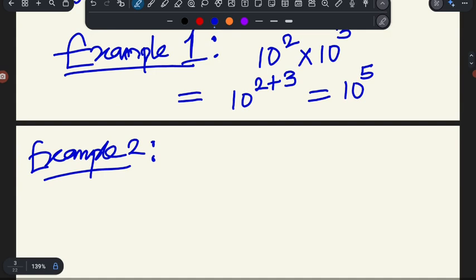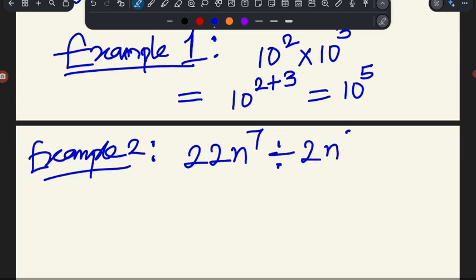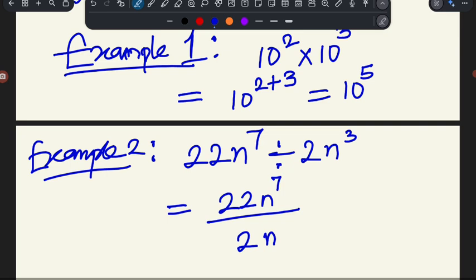We have 22n raised to power 7 divided by 2n raised to power 3. In mathematics, there is a little way they try to change some pattern. Let's relate it like this: 22n raised to power 7 divided by 2n raised to power 3. When 2 cancels 22, we have 11n raised to power 7 over n raised to power 3.